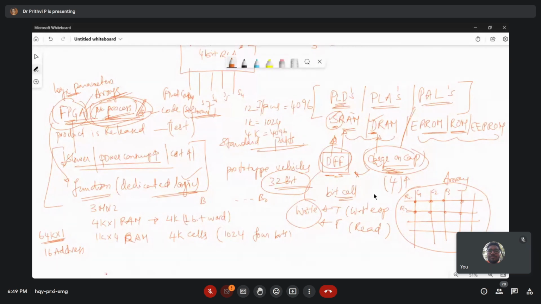Okay, and say something like 1M into 1, if I'm taking, how many will it be? 16 address bits for addressing 64K into 1. Because 4K into 1 RAM means 4K 1-bit words it will be. 64K means 16 address lines I need.